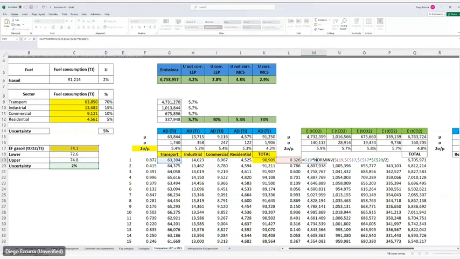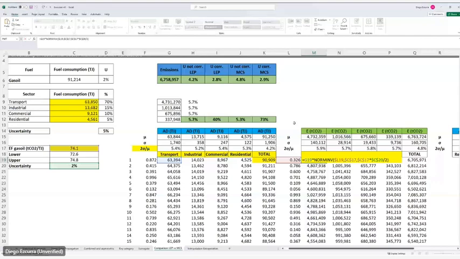You can see in this cell, that I will highlight, the formula contains the simulated value G19, the fuel consumption in transport, and I'm multiplying it by the emission factor in the form of another normal distribution that again is built based on a random number.